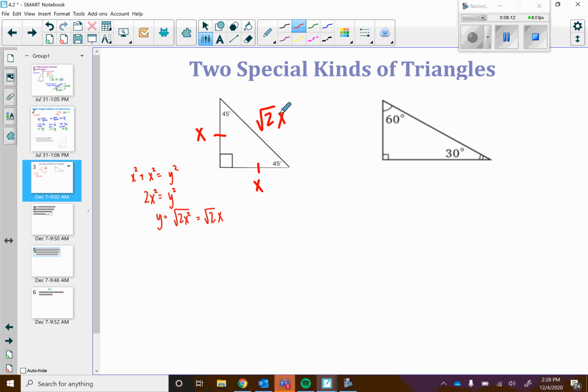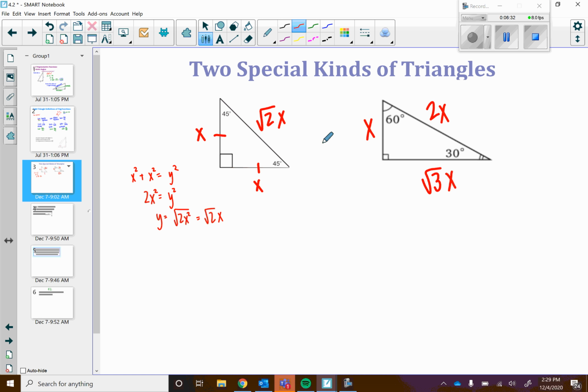For our 30-60-90 triangle, sometimes known as a triangle that has a short leg and a long leg, maybe you remember this, maybe you don't, but if I know the short side, the hypotenuse is 2 times the short side, and the long side is the square root of 3 times that short side.